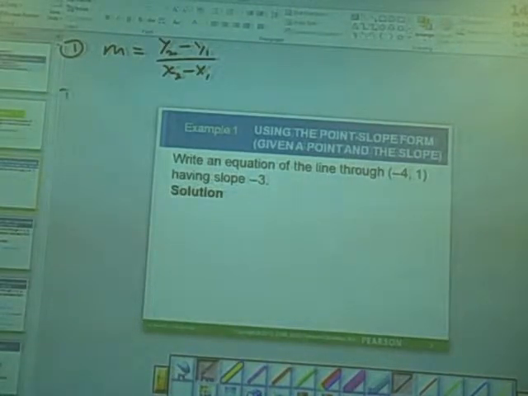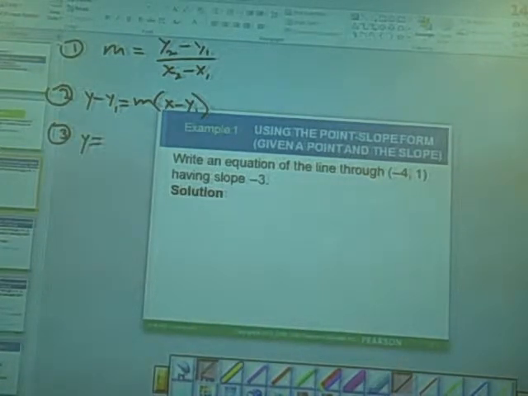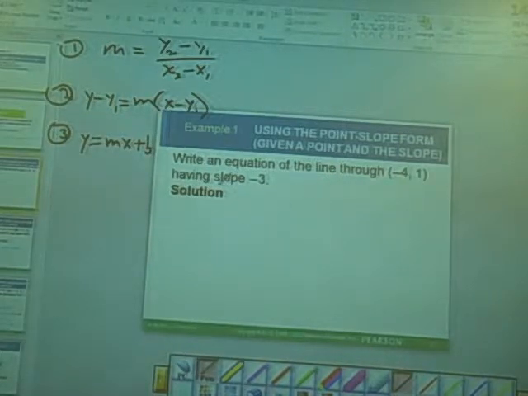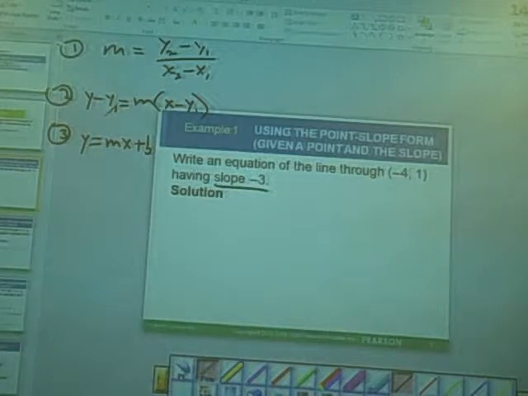The second one is your point slope equation, y minus y1 equals your slope times x minus x1. The third one is this slope-intercept equation, y equals mx plus b. Well, since we already have the slope, we don't need the first equation. So we can skip that and go straight to the second equation.